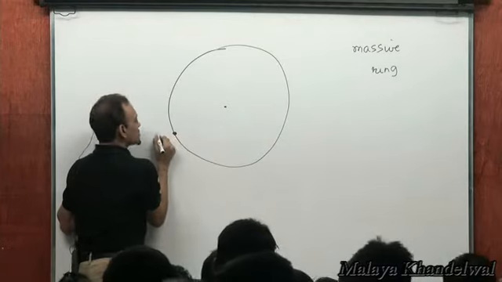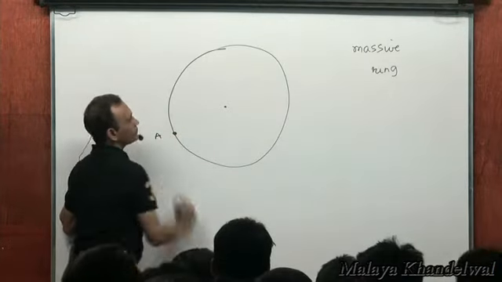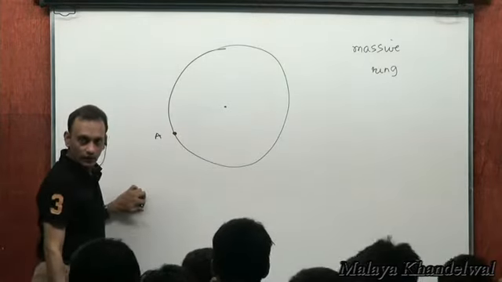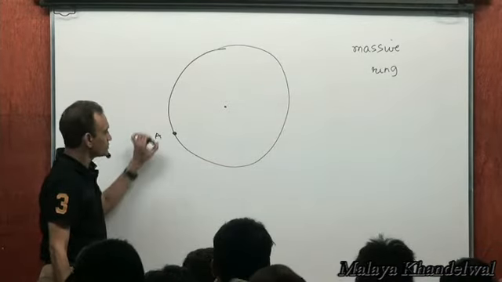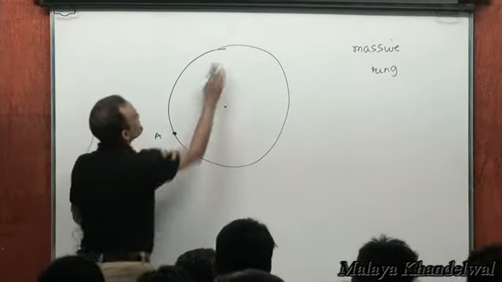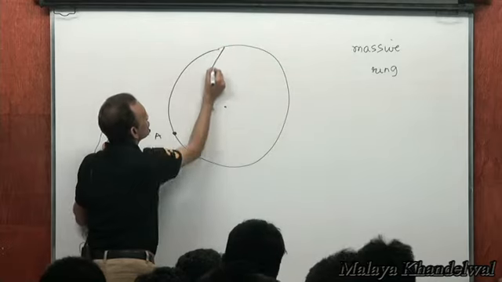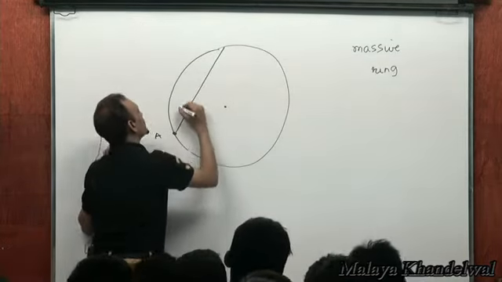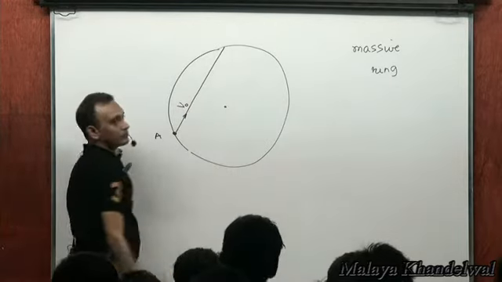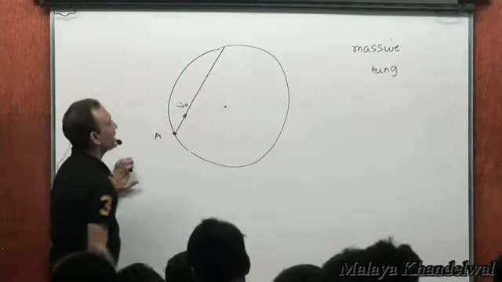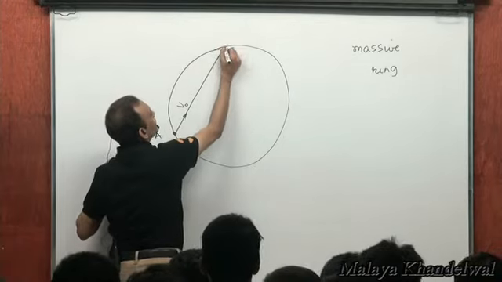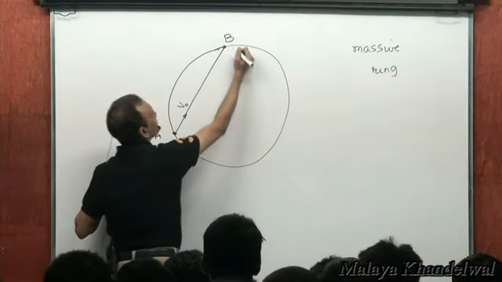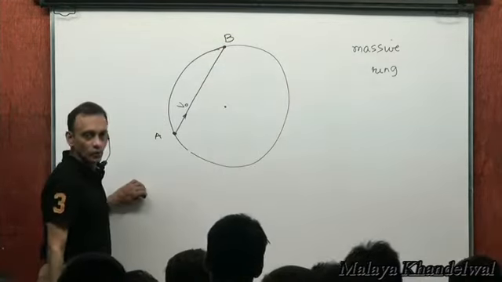A small particle starts from A at this point on the circumference, and it's imparted a velocity v naught along this line, and hits the ring at B.